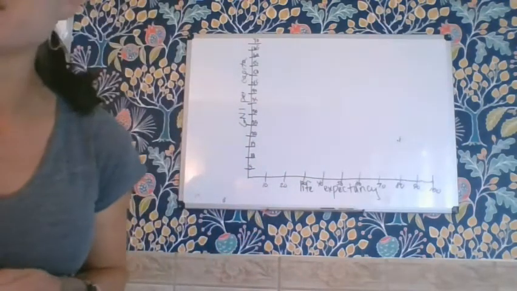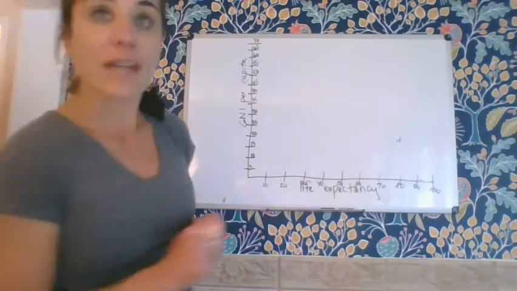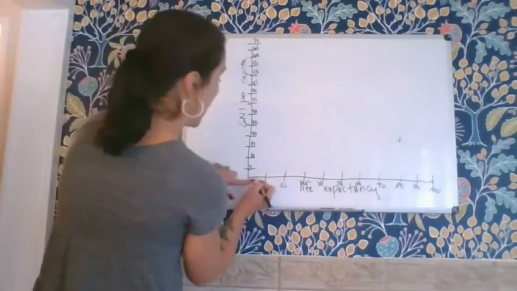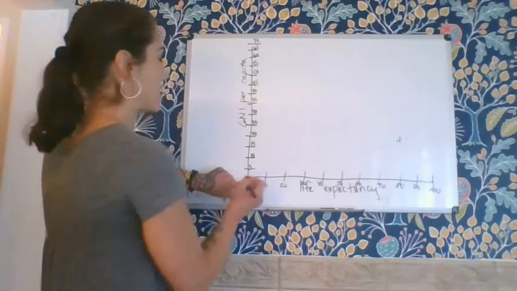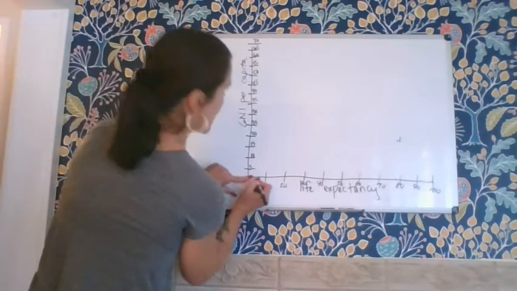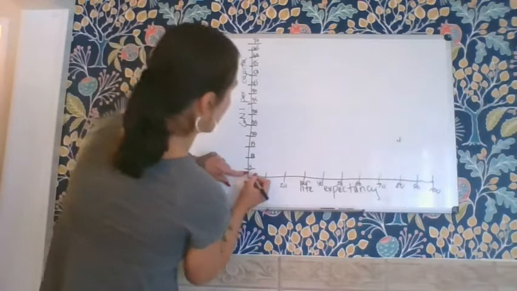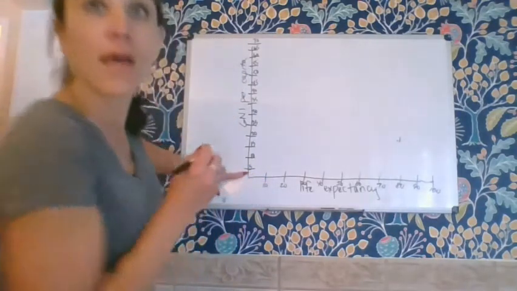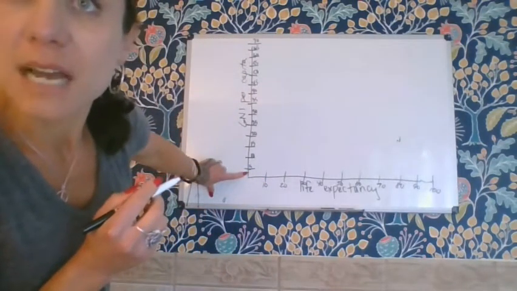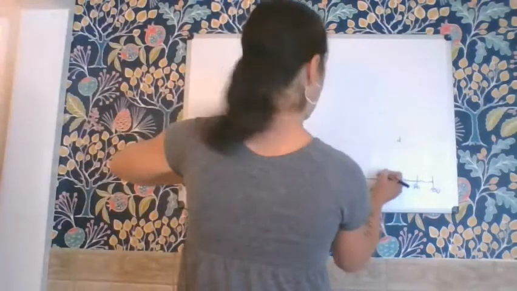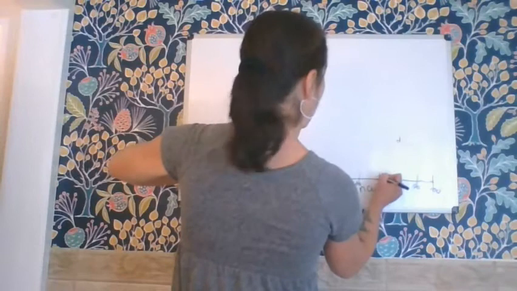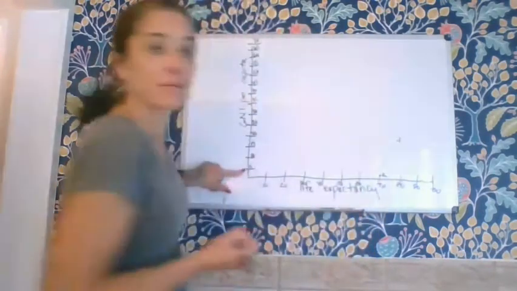Then the next country is Bangladesh, and that is $3,400 annually per person. So that's going to be less than half of this, and it's going to be right about here. Life expectancy in Bangladesh is 70.94, so that's going to go right about here. That's going to be my number 2.